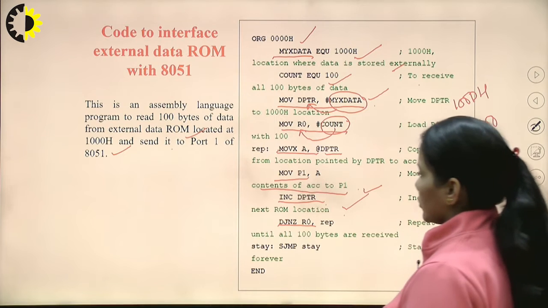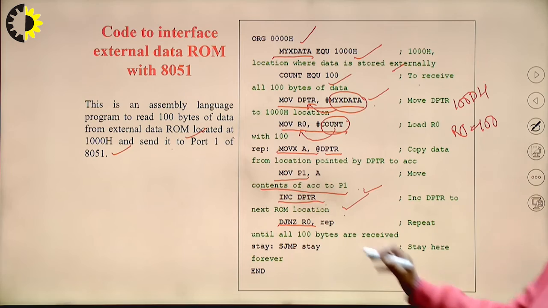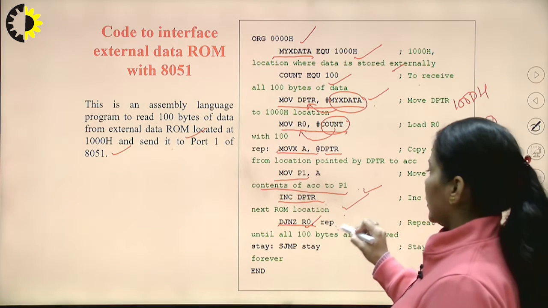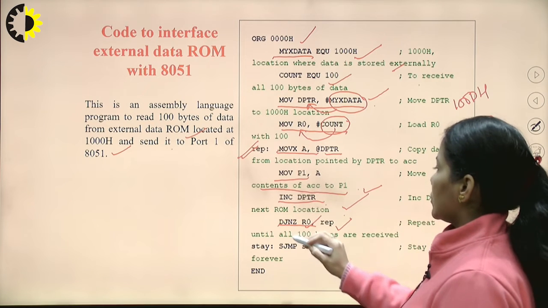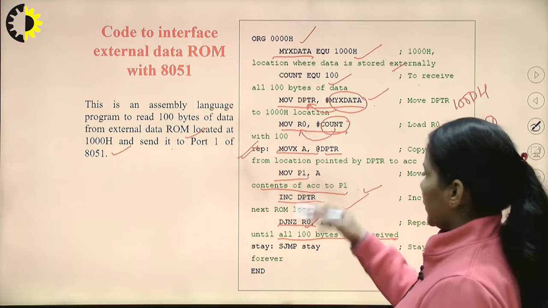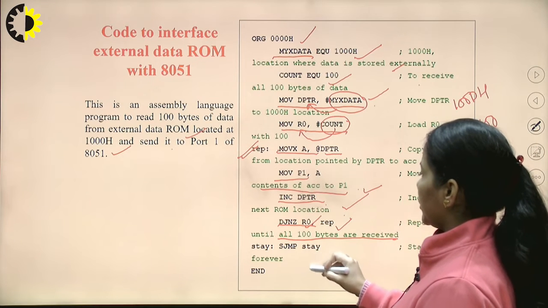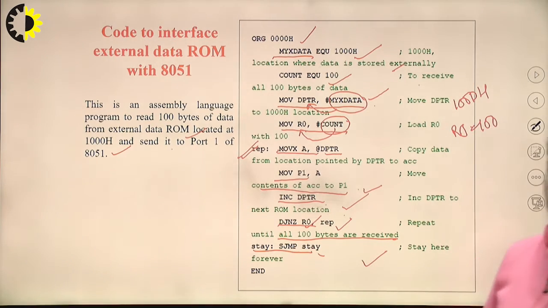Decrement and jump if not 0, that is DJNZ R0, REPEAT. If this has not reached 0, then we have to repeat from here. So until all 100 bytes of the data are received, this will be executed in the repeat mode. Now here the end of the program is reached.